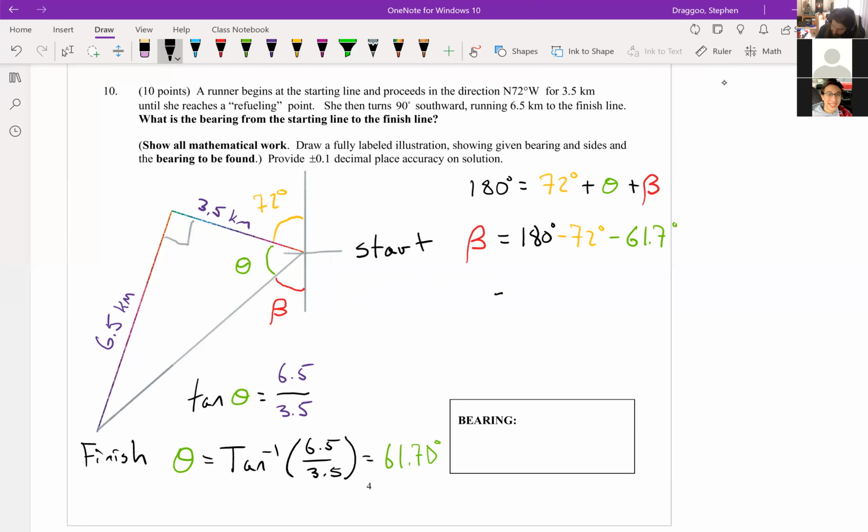And if we put all that into a calculator, I got 46.3 degrees.